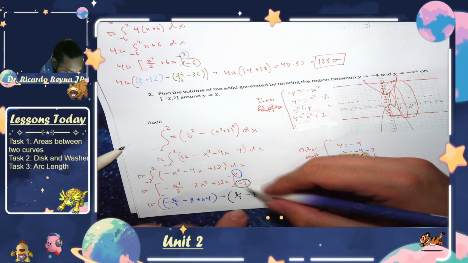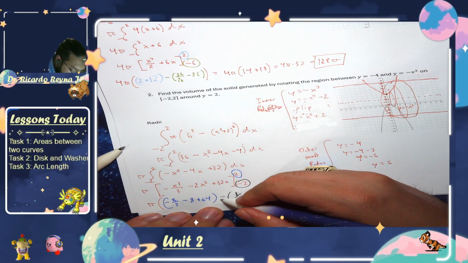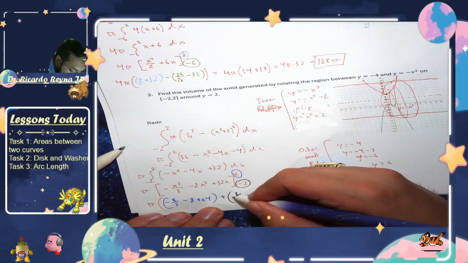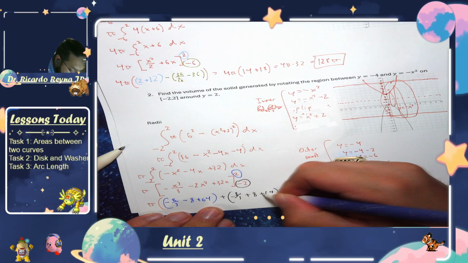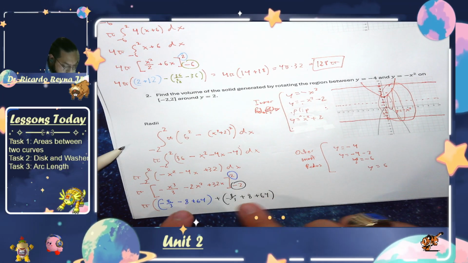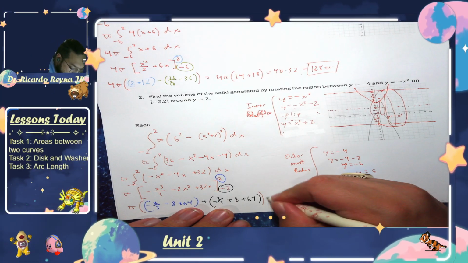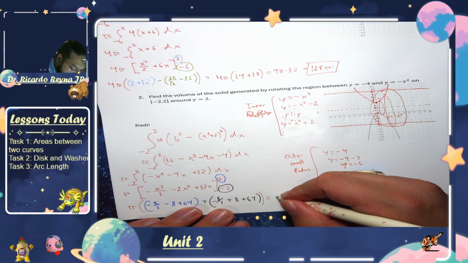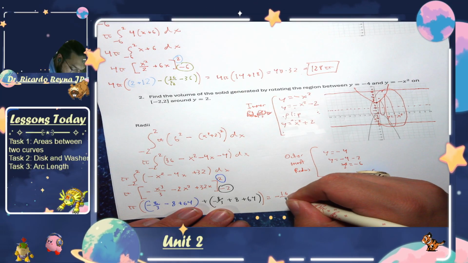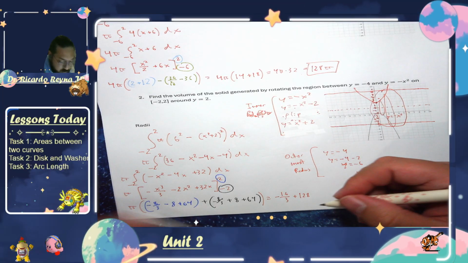And then -2 times this, which is -64. But then the negative will distribute to where this is a negative, that's a positive, and that's a positive. So this will just double, this will cancel out, and this will double. So we're left with -16 over 3 plus 128.